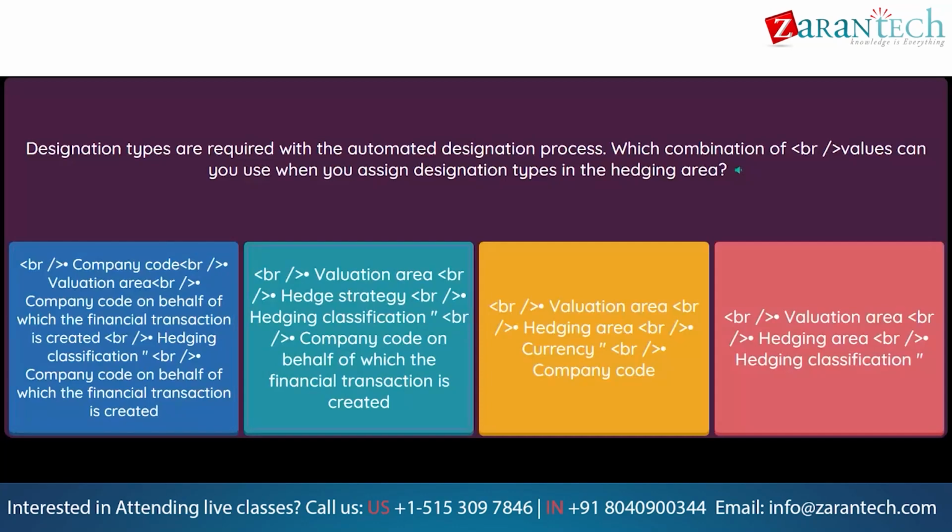Option 2, valuation area, hedge strategy, hedging classification, company code on behalf of which the financial transaction is created. Option 3, valuation area, hedging area, currency, company code. Option 4, valuation area, hedging area, hedging classification.